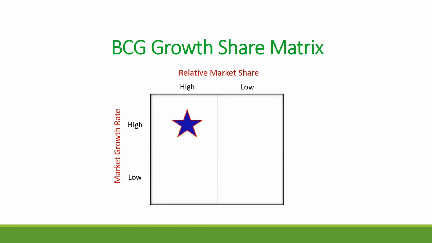Now coming to the next cell, it is the cash cow. The businesses with high market share in a low growth rate market are called cash cows. These businesses will yield substantial cash surplus over and above their investment requirement, but it is not a position very attractive in the long run.